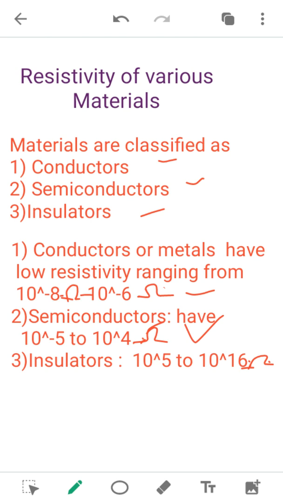Then let us see the insulators. Insulators will not allow the current to pass through them, so the resistivity naturally will be very, very high. The range is 10 raised to 5 to 10 raised to 16 ohm meter. So these are the three types of resistivity of materials: conductors, semiconductors, and insulators.